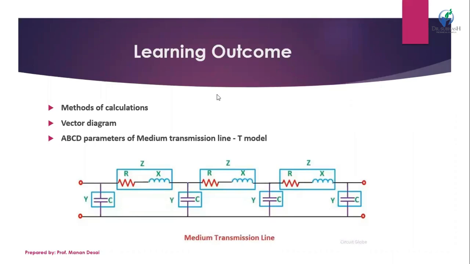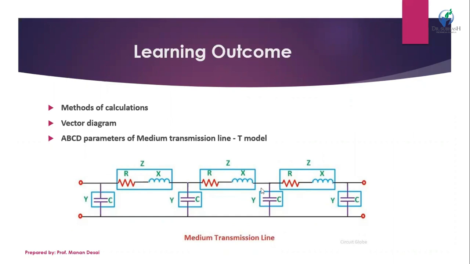The learning outcome for the students is that, after this lecture, the students will be able to understand the different methods and their calculations, the vector diagram, and the ABCD parameters of the medium transmission line T model.